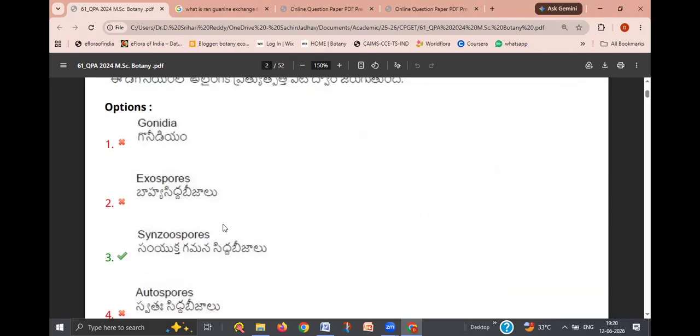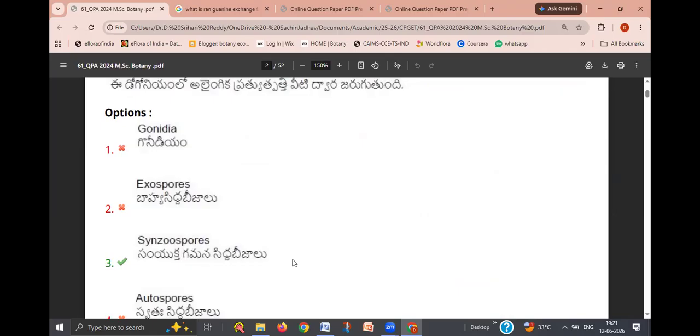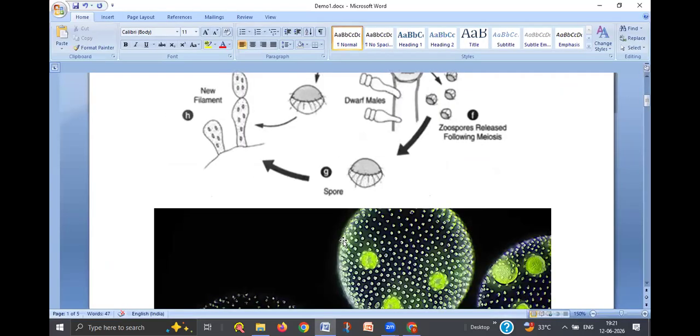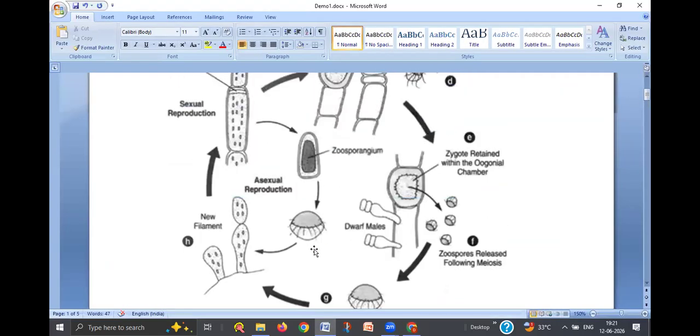So the most suitable answer is zoospores. These zoospores are involved in asexual reproduction. The zoospores released from the zoosporangium later, under favorable conditions, germinate and form the new filament.